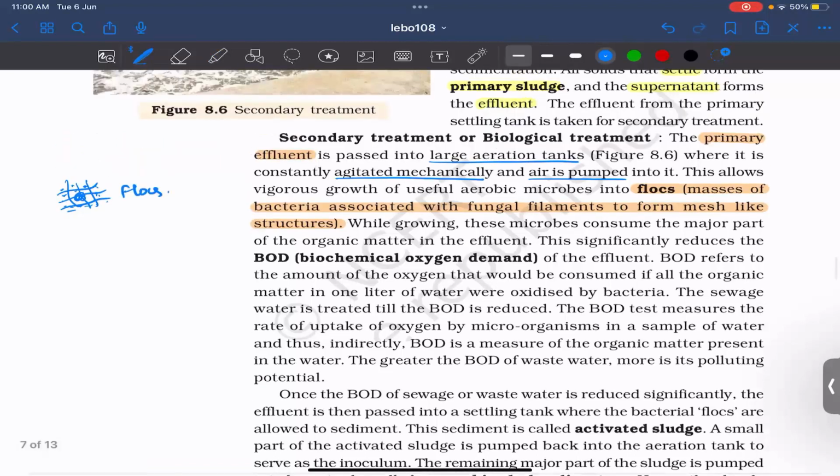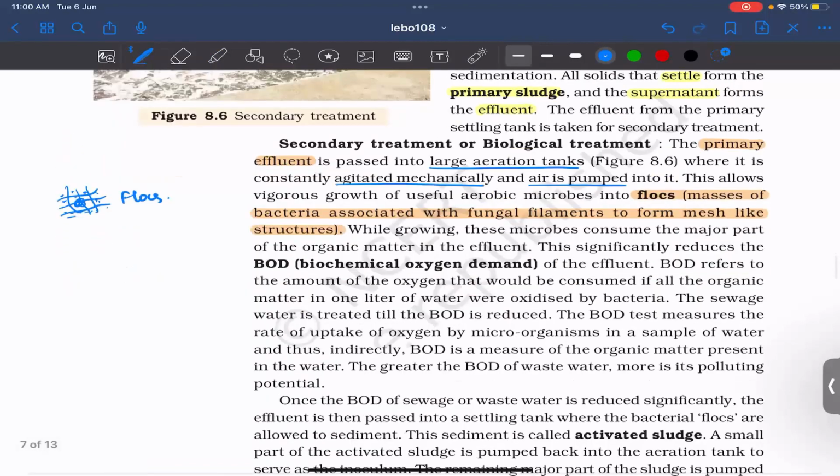Now, first there is filtration. Filtration happens after the removal of floating debris. After filtration and removal of floating debris, it is led to a sedimentation tank.